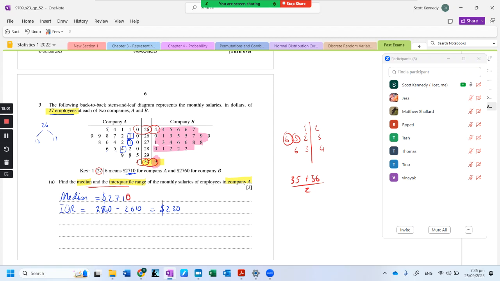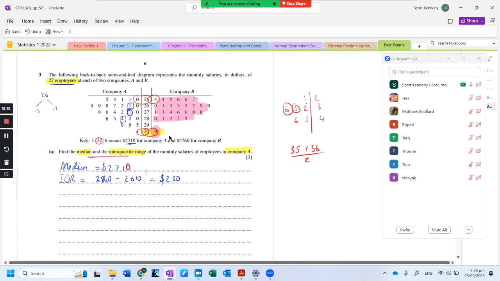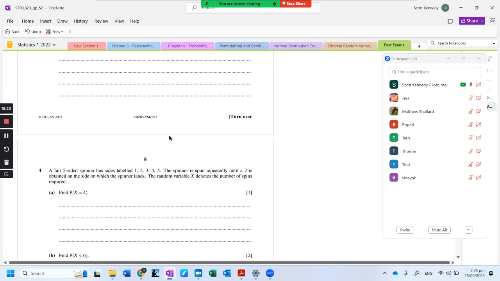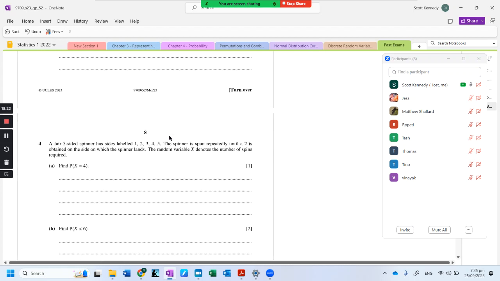So this is what we would say is an extreme value. So in this case, I think we'd say that the median would be the best central value, because the extreme value for B would distort the mean. Okay, that's all you'd need to say for that one. Okay, let's move on.